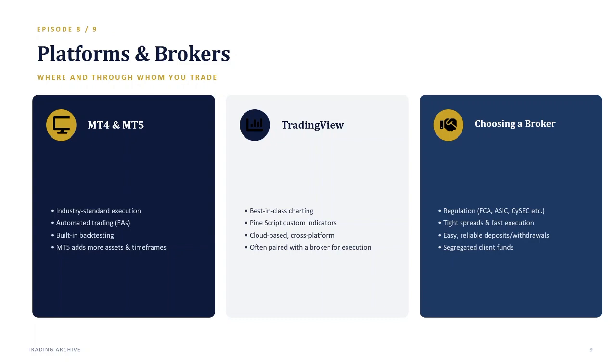Some of the things you should consider when you are choosing a broker, lest you fall into scams. Number one is regulation. You need to check out their regulations, the FCA, the ASIC, all those regulators. Then you have to check their spreads.